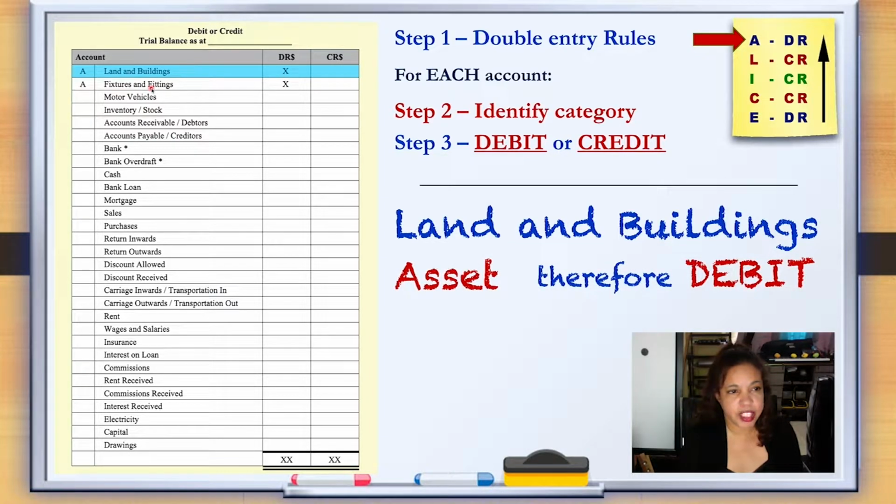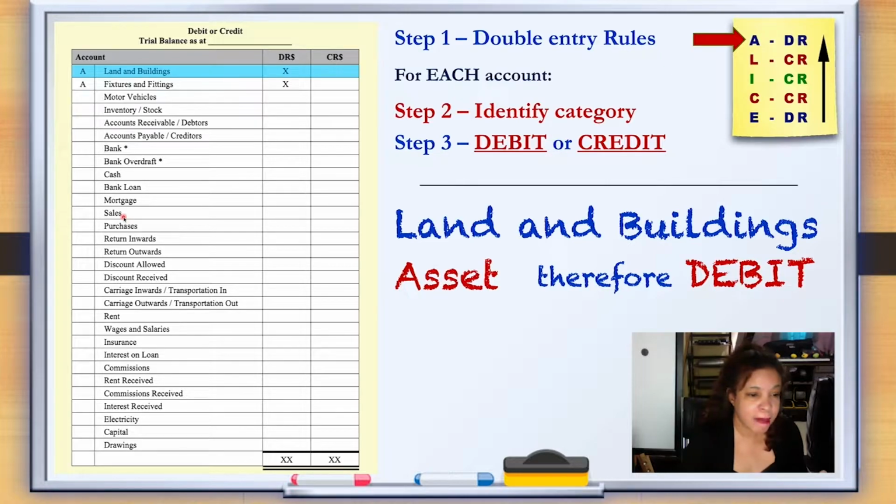All right, so fixtures and fittings, you see in our example, asset, so debit, and that is why we have the X here. I'm not going to go in order here because that would be giving you all of the answers and I want you to go off and try it on your own. But I'm just going to point out some that may give you trouble.